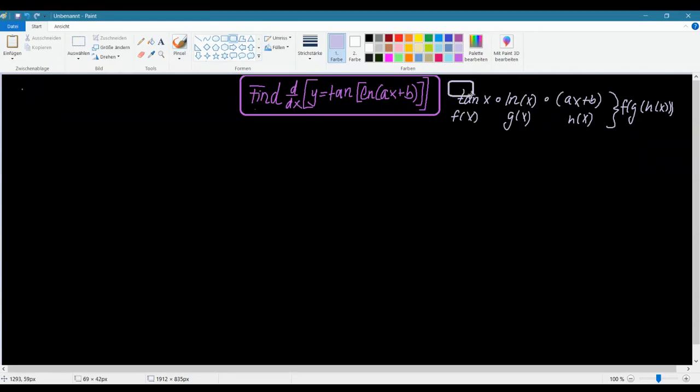And because there is no rule for logs with a sum in the argument, we're just going to use the chain rule. We're going to use f prime of g of h of x times g prime of h of x times h prime of x.